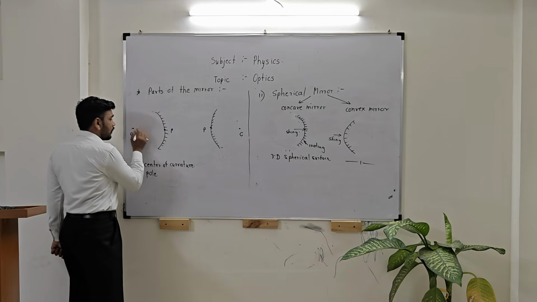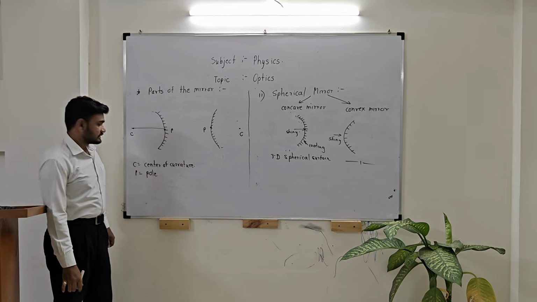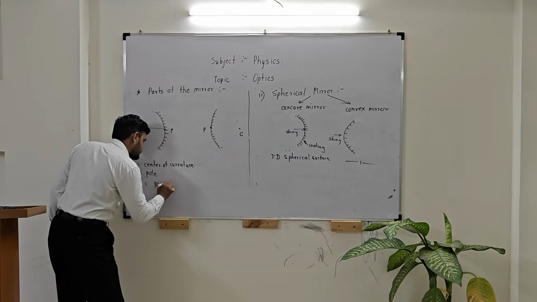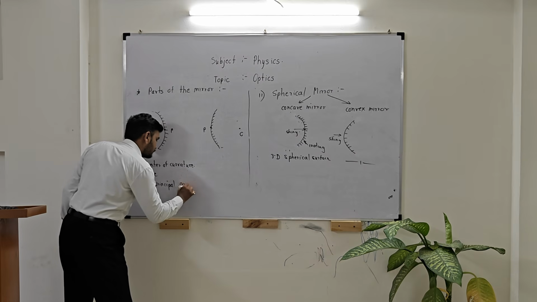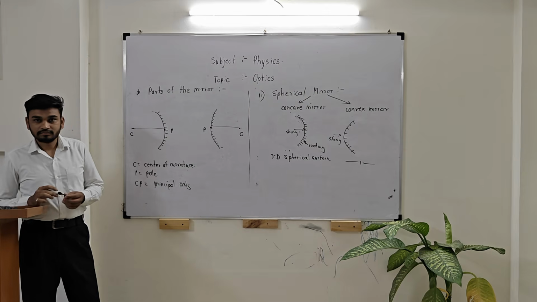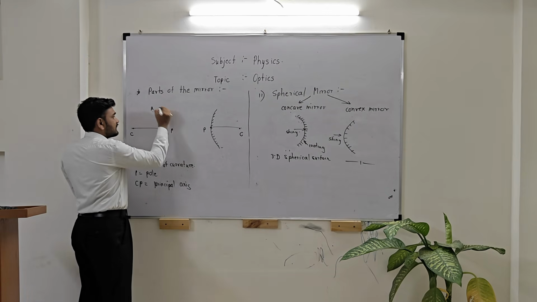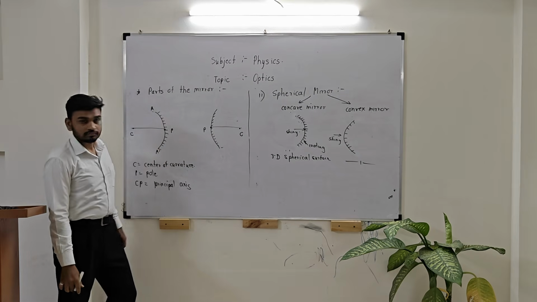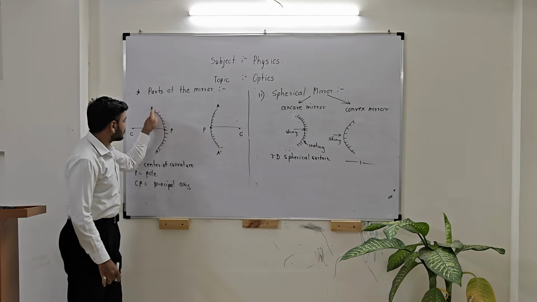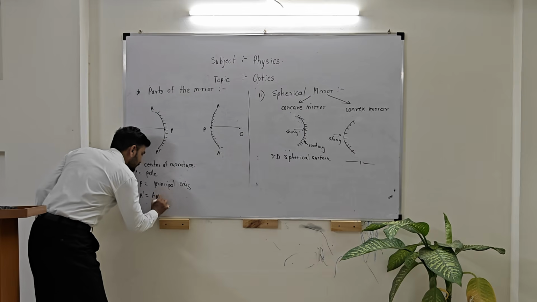If I join these two points this way, they form the principal axis. So here CP is the principal axis, and here also CP is the principal axis. If I name this surface A dash, this whole A dash part is known as the aperture.